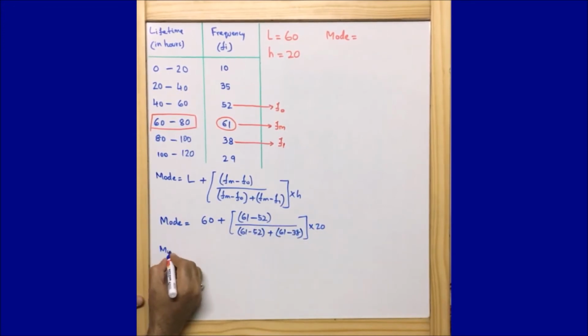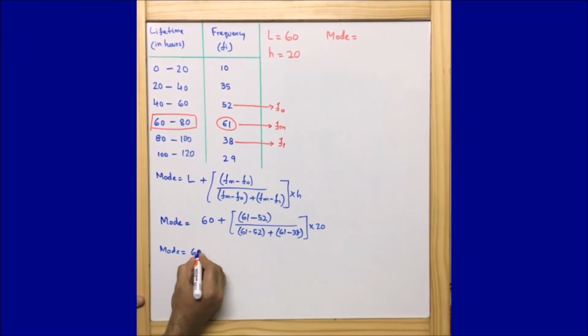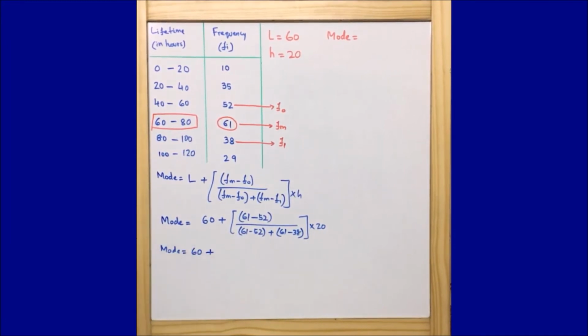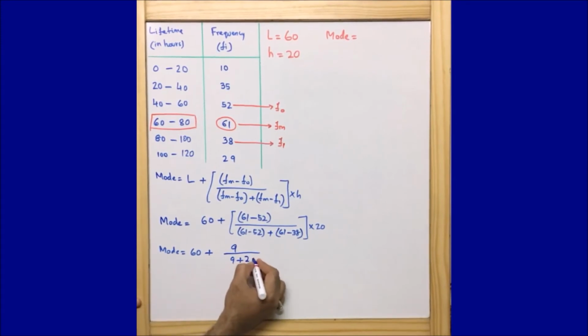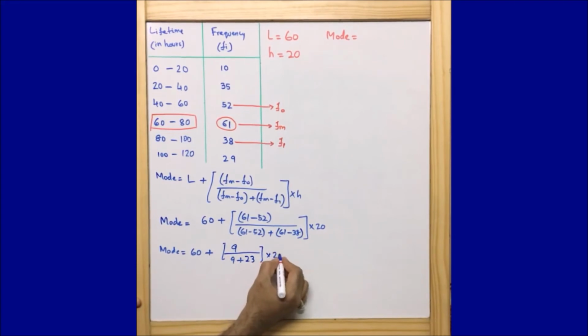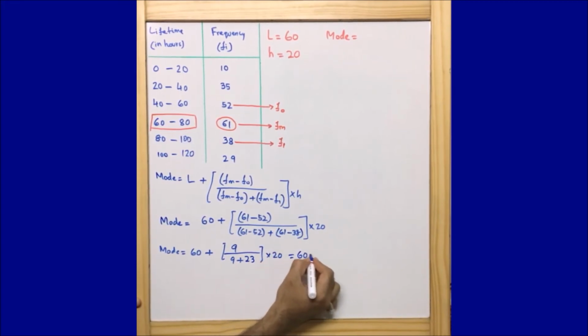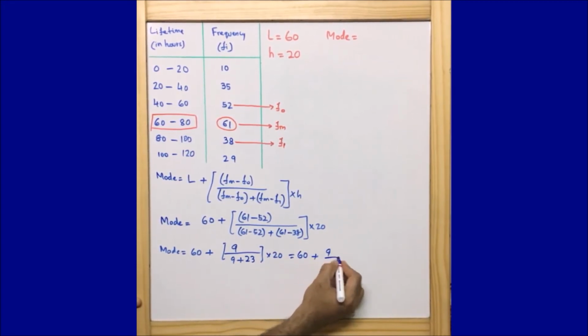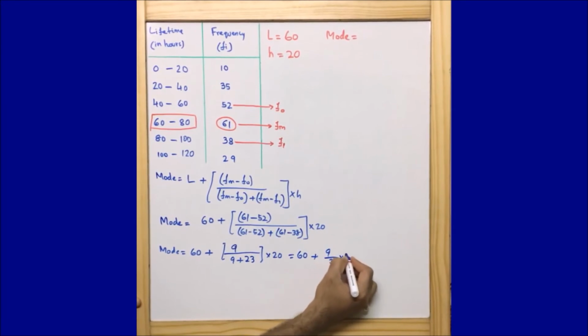Mode is equal to 60 plus, 61 minus 52 is nothing but 9, so 9 upon 9 plus 61 minus 38, which is 23, into 20.